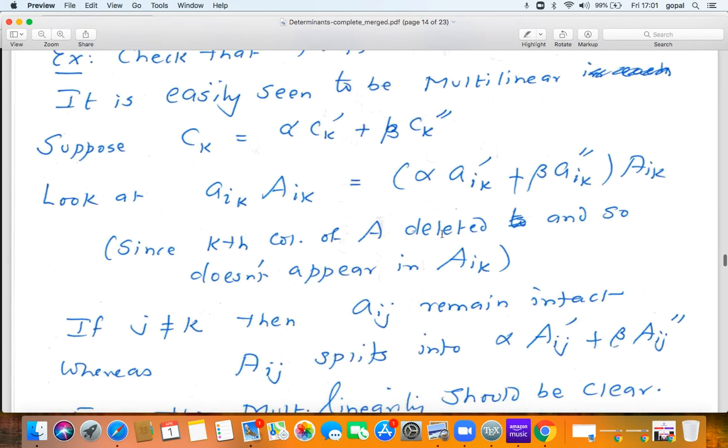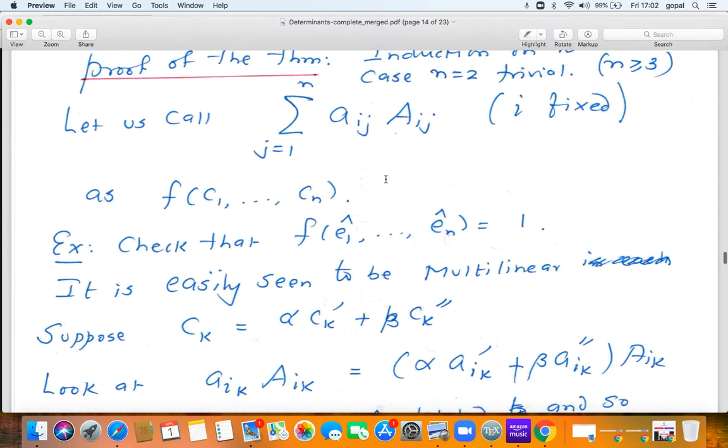So the cofactor becomes alpha times Aij prime plus beta times Aij double prime. So in all the terms, there will be alpha times the corresponding expansion with a single prime, and beta times the corresponding expansion with a double prime thrown in.